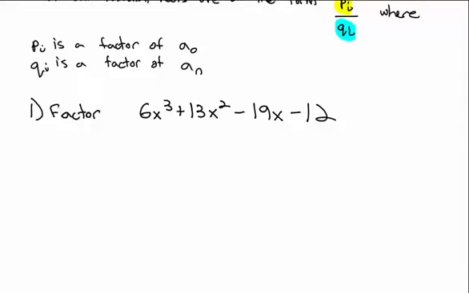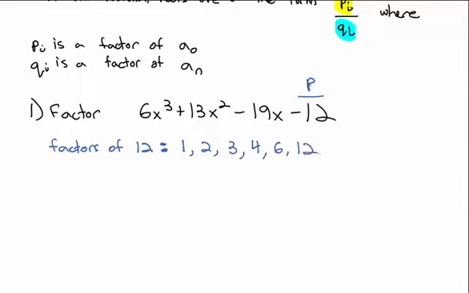And in order to factor this, we're going to identify our p's, which are always going to be the last term. P is 12. And so we list the factors of p, or the factors of 12. Well, 12 is divisible by 1, 2, 3, 4, 6, and 12.